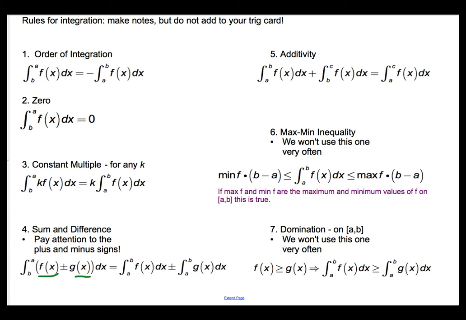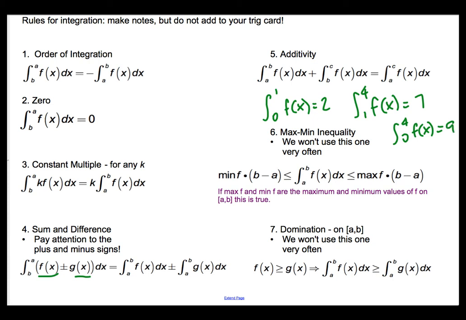Additivity. If I go from a to b of a function and then from b to c of the same function, then I can look at that whole function from a to c. We'll look at an example of it. So in other words, if I have some function that goes from 0 to 1, and we don't know what that function is, but it equals 2, and then I have the same function again from 1 to 4, defined by f of x, and this is 7, then I can look at the function from 0 to 4 of f of x, and it would equal 9.